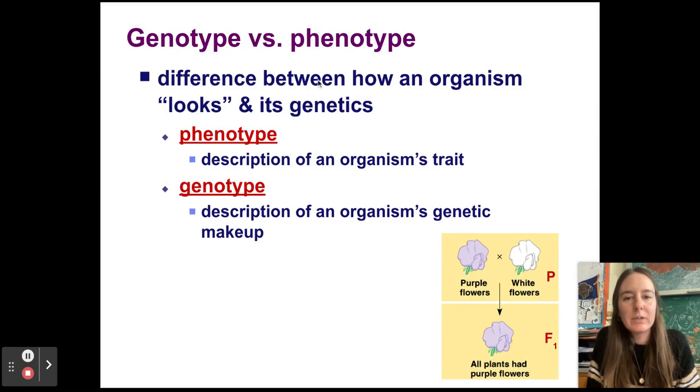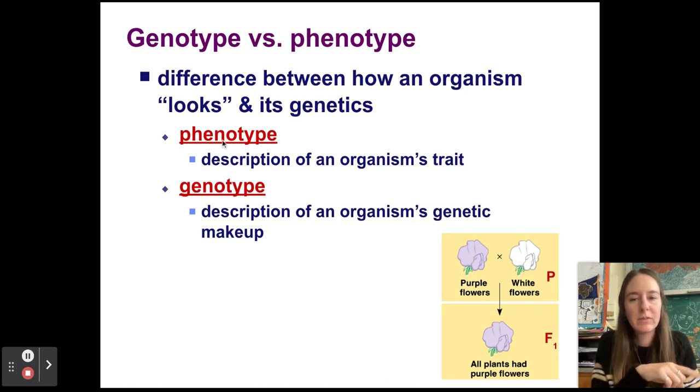The difference between how an organism looks, so actually what you see, and its genetics, what its DNA looks like, have different terms. The first term is phenotype. When I use the word phenotype, I'm talking about a description of an organism's trait. This is not the best example, but a lot of times people describe this as your physical characteristics, like what you can see.